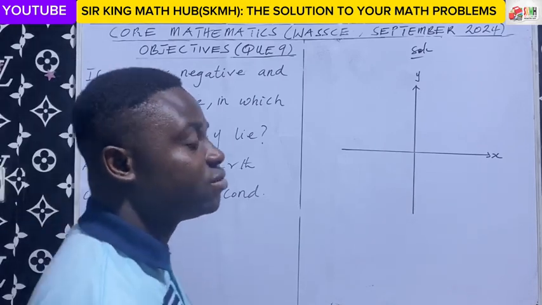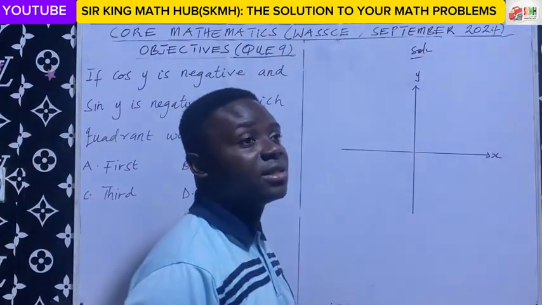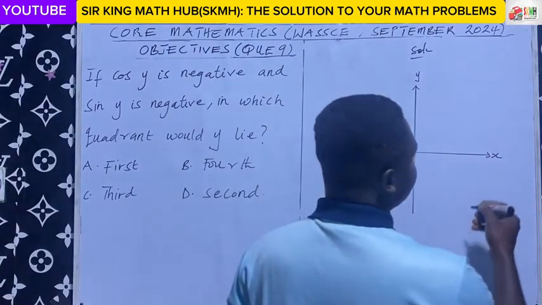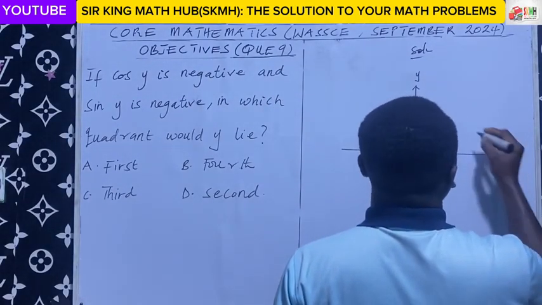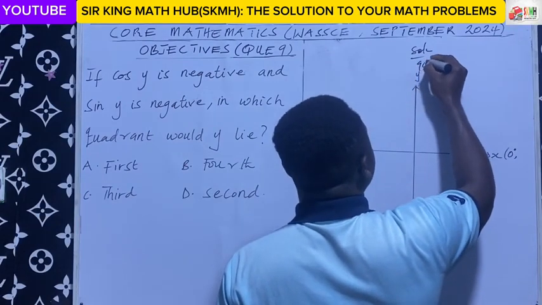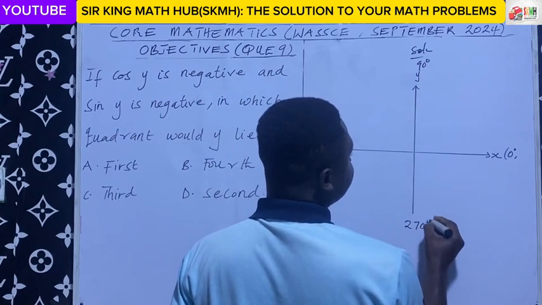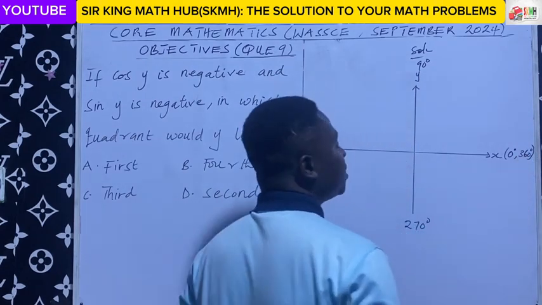And you know that in trig, positive angles are read in the anti-clockwise direction, starting from the positive x-axis. So starting from here, we have 0 degrees, 90 degrees, 180 degrees, 270 degrees, and then back to 360 degrees.